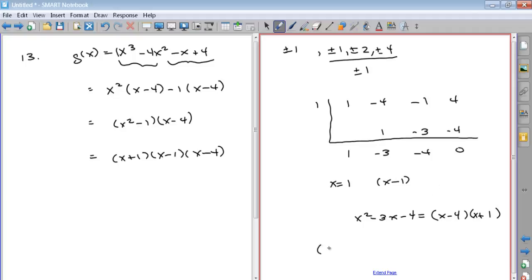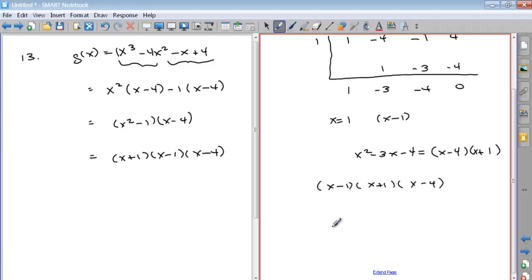If you factor it, you get x minus 1 times x plus 1 times x minus 4, which is what you got over there. From that, the zeros are x equals 1, x equals -1, x equals 4. So those are the actual zeros.